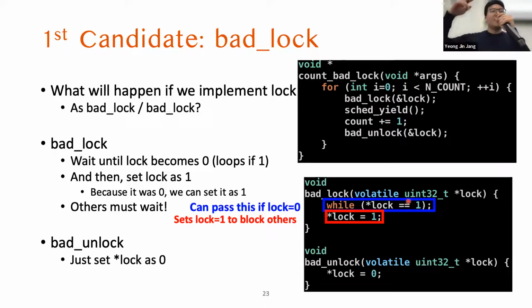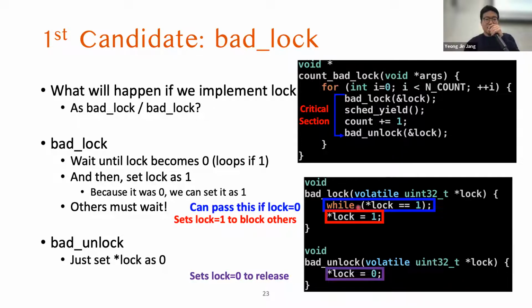The first part is checking if the lock variable is 1, and the second is setting the lock variable to 1. These are two different parts, so the lock part is split into two.